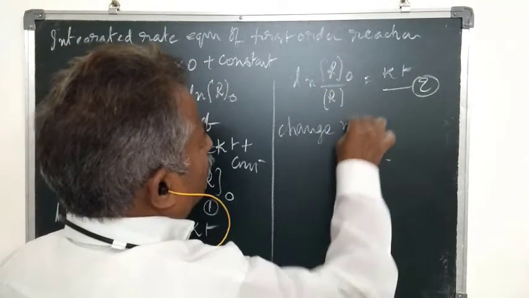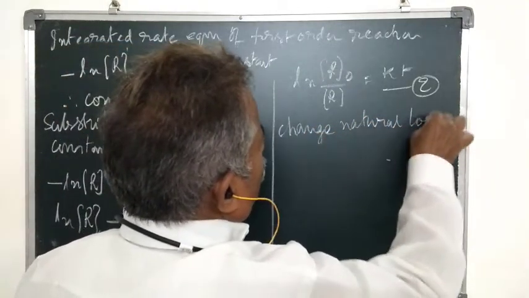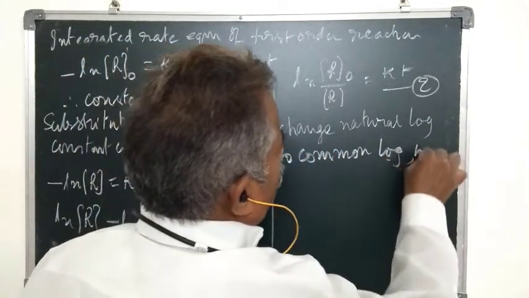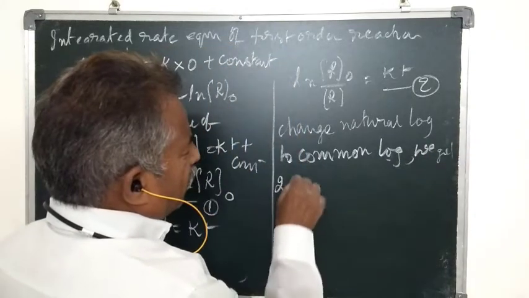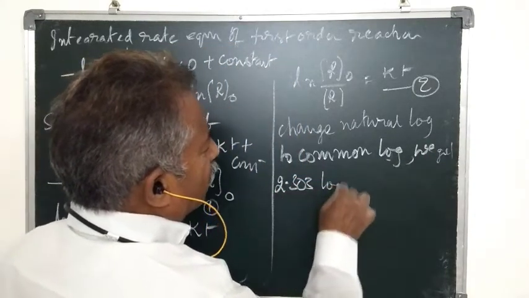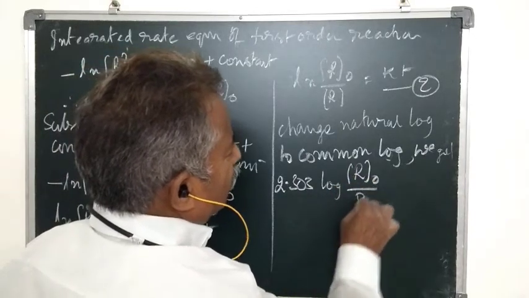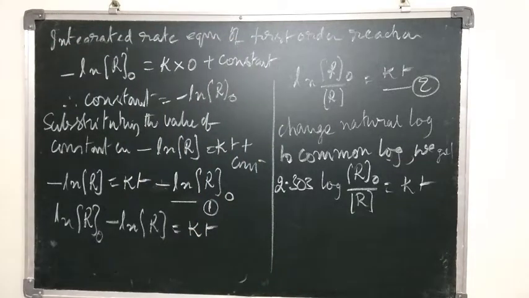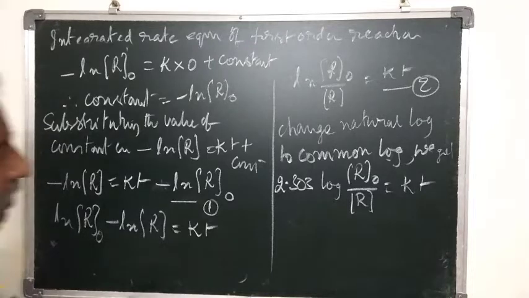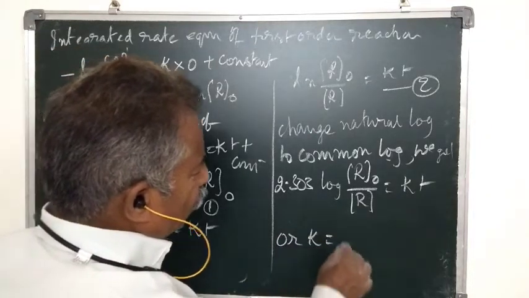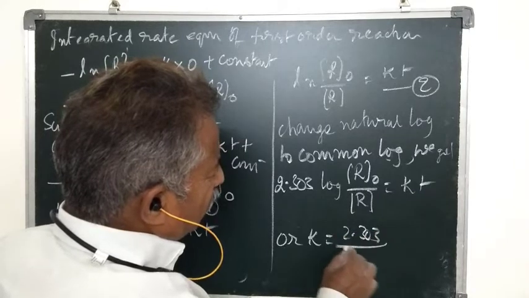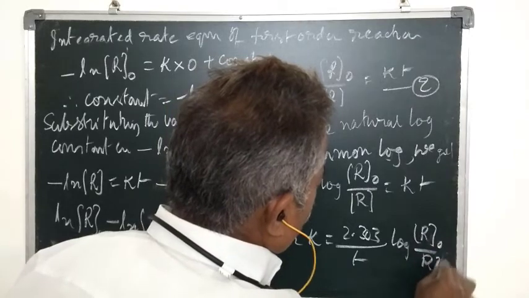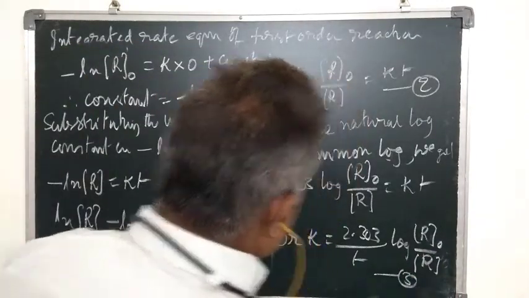Changing natural log to common log, we get 2.303 log R0 by R is equal to kt, or k equal to 2.303 by t log R0 by R. This is equation number 3.